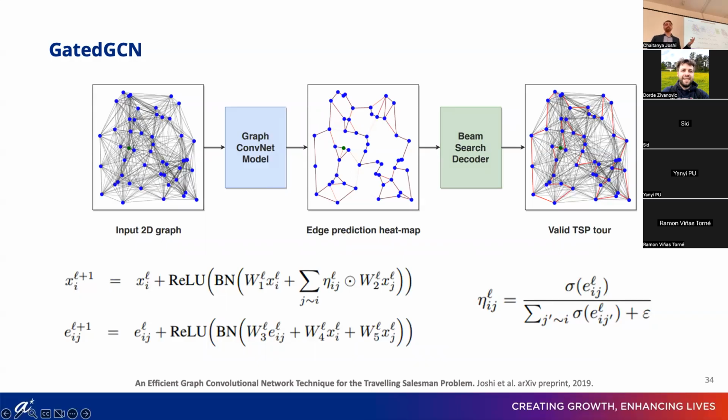The traveling salesman problem is in fact pretty similar to what we are doing here. You also start with a graph, and you want to predict which edges lead you to the optimal solution. From this, you get certain probabilities, and then you have to decode them with some search algorithm. Chaitanya used beam search. I tried beam search, but due to some technical limitations, we are going to use greedy.